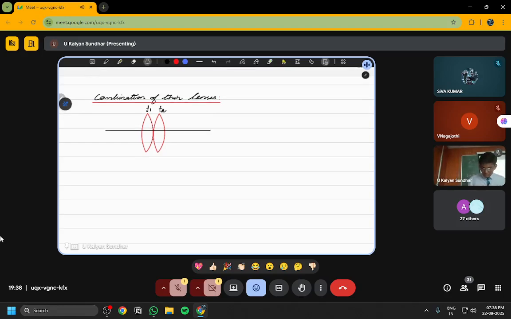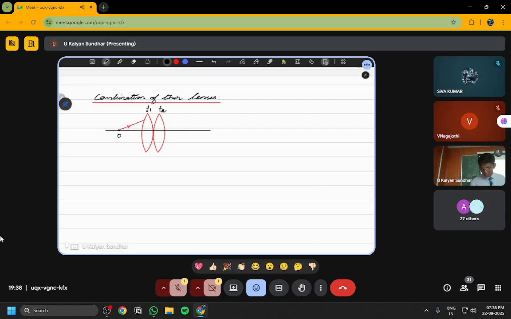Right, sir? Now, அதே மாதிரி தான் object light is being passing through this. என்ன ஆகும்? This will be exactly formed somewhere here. Correct? Due to the first one.